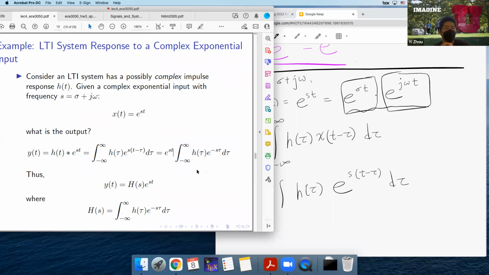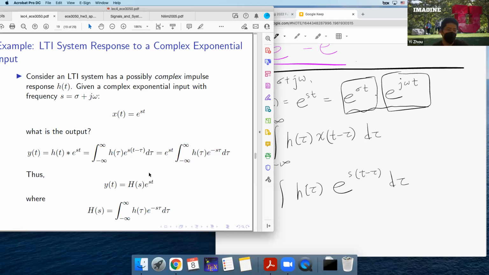We can denote this entire integration as capital H(s), the response of the system at this specific complex frequency.